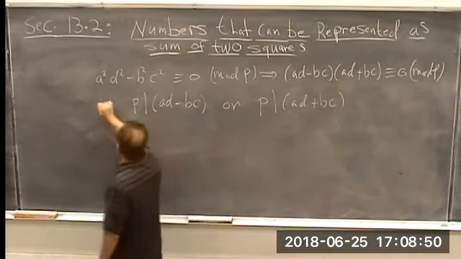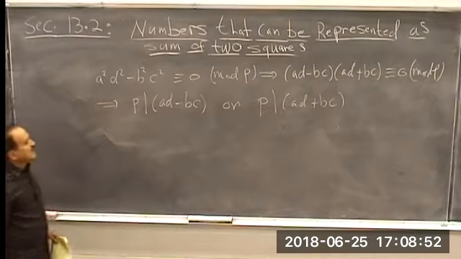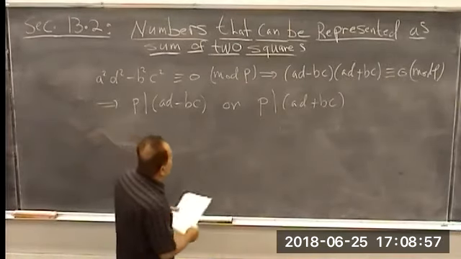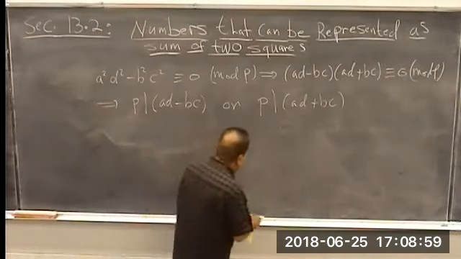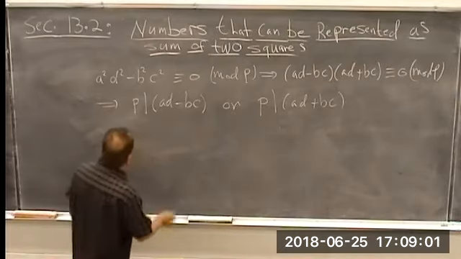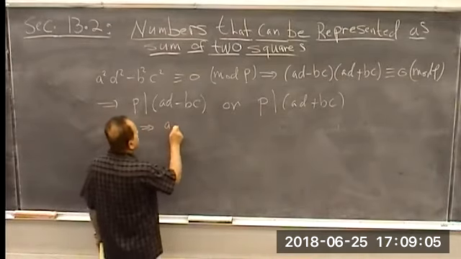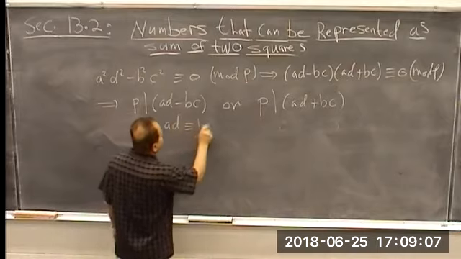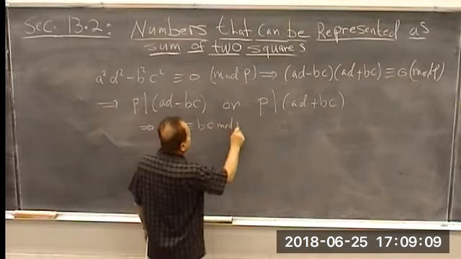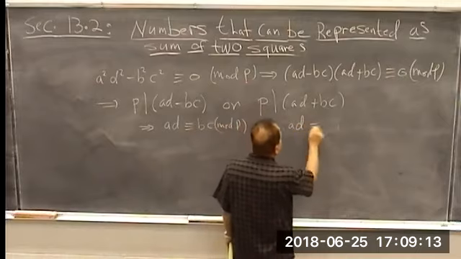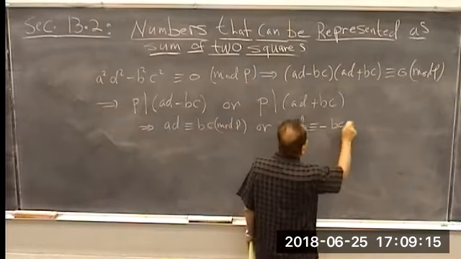All right. Now, let's look at that. Again, we could write this one as a congruence: AD is congruent to BC mod P, or AD is congruent to negative BC mod P.